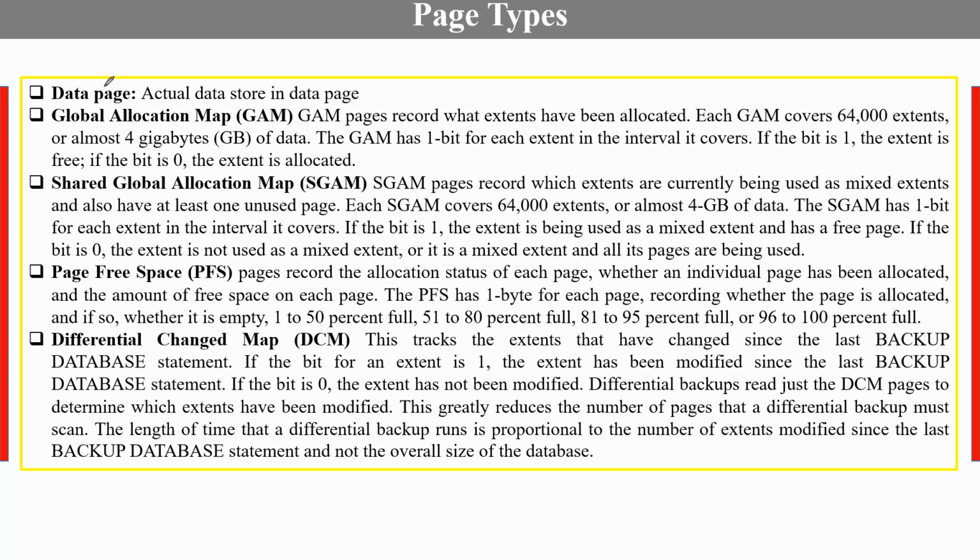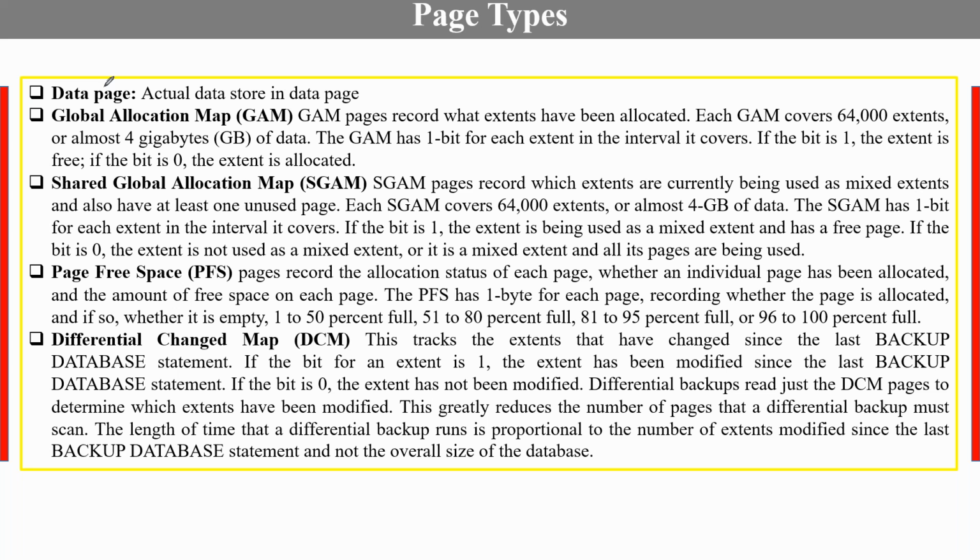It has created one more page called the PFS page, which will track the free space information of all the data pages. How? It will calculate it in percentage format: 1 to 50% full, 51 to 80% full, 81 to 95% full, 96 to 100% full.